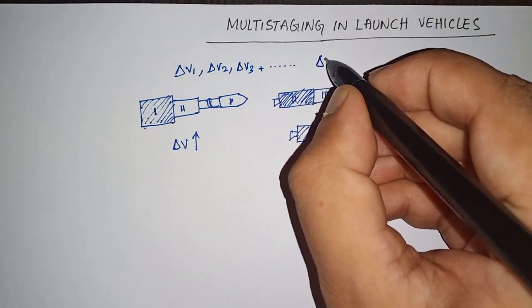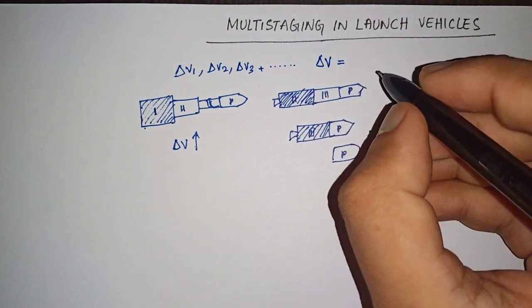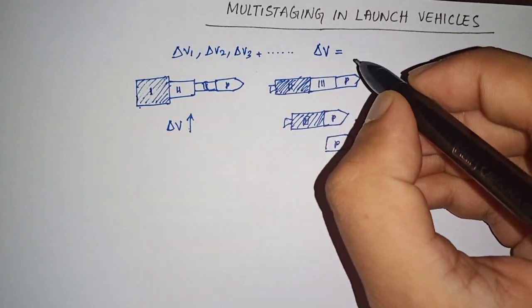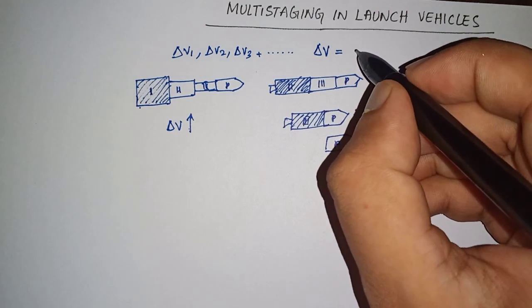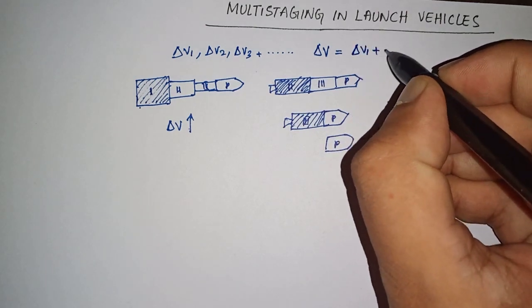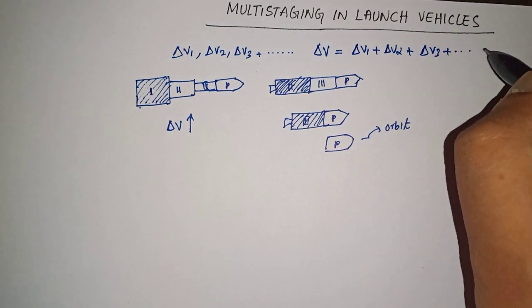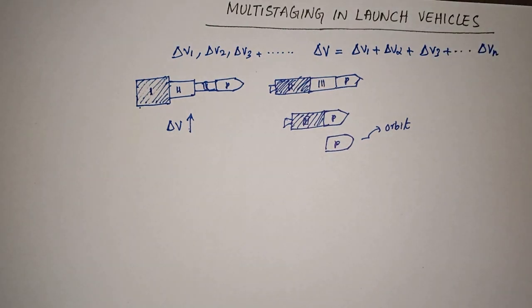The total ideal velocity gain is the sum of the velocity gains of the individual stages. So the total will be delta V1 plus delta V2 plus delta V3 up to delta Vn, where n is the number of stages.